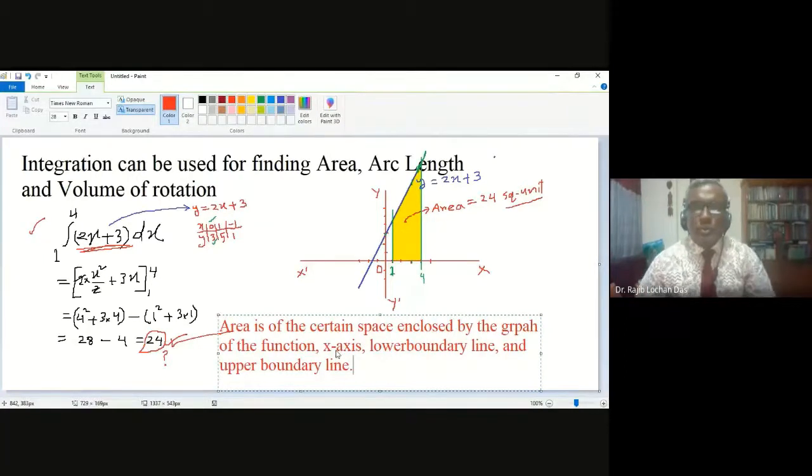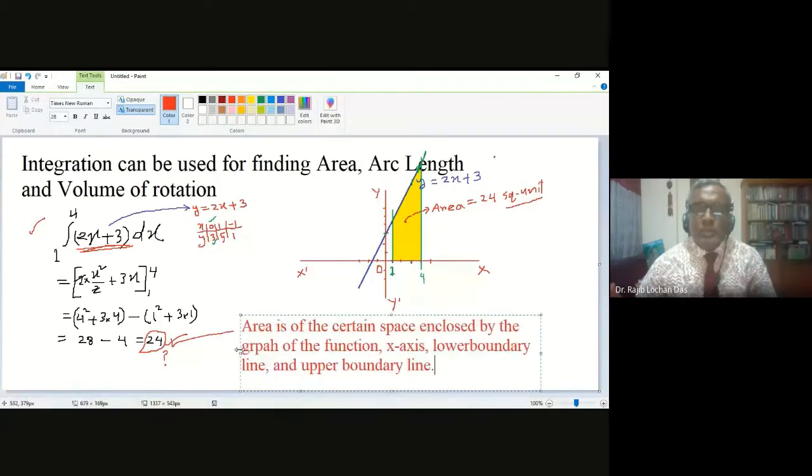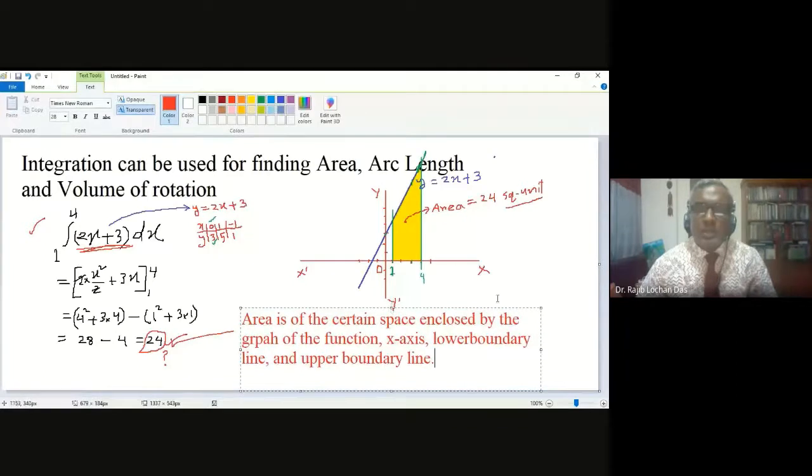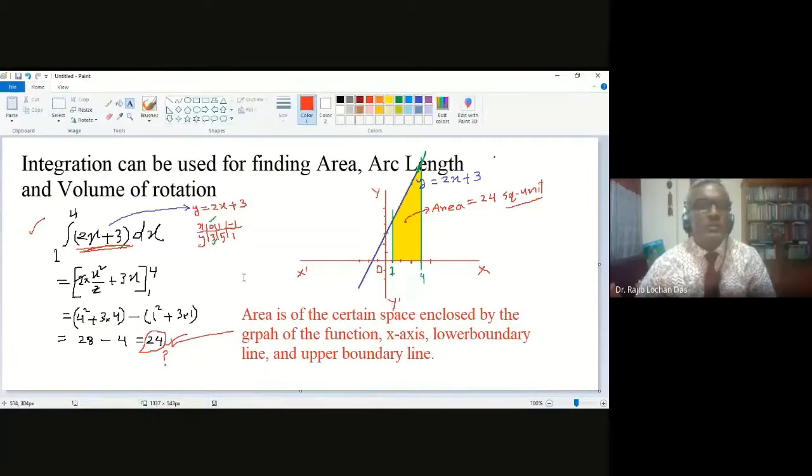So this is actually the understanding of area. So if I ask you which area, then you will explain it this way. So this is the understanding of definite integral, and that is the meaning of area. Which area actually?